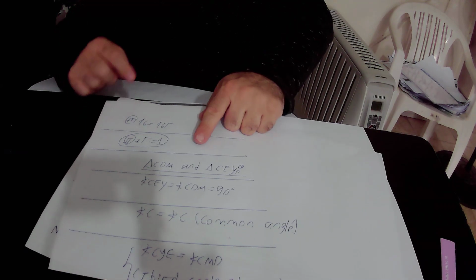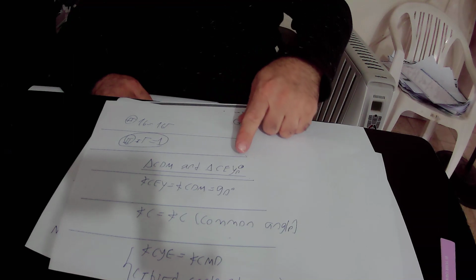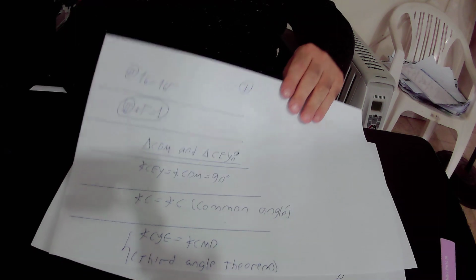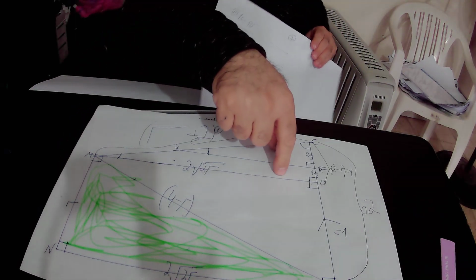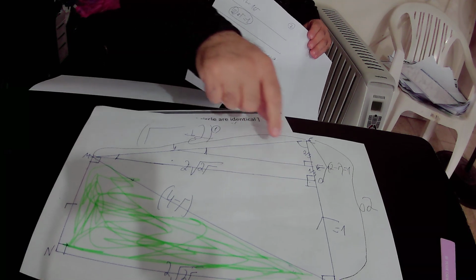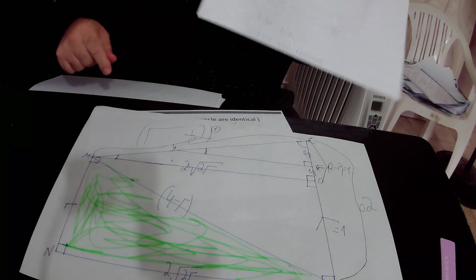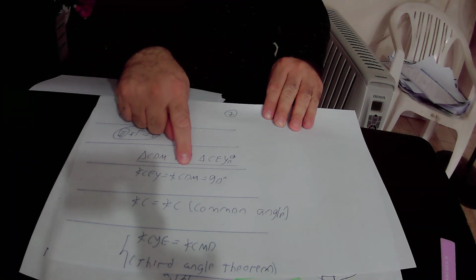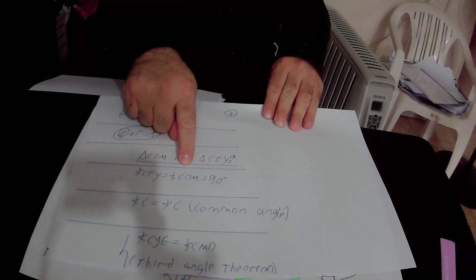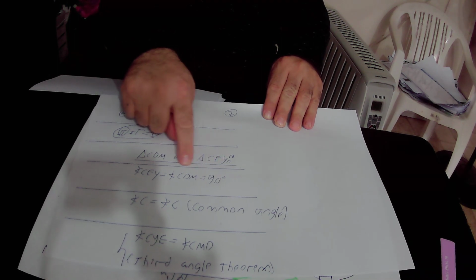Then we proved the right triangle CDM is similar to the right triangle CEY. Why are they similar to each other? Because we have two right angles that are equal to each other. That is to say, angle CEY equals angle CDM, and both angles are right angles, they are equal to 90 degrees, and therefore they are equal to each other.